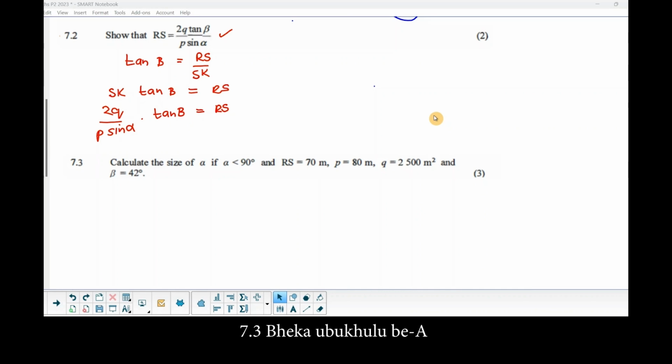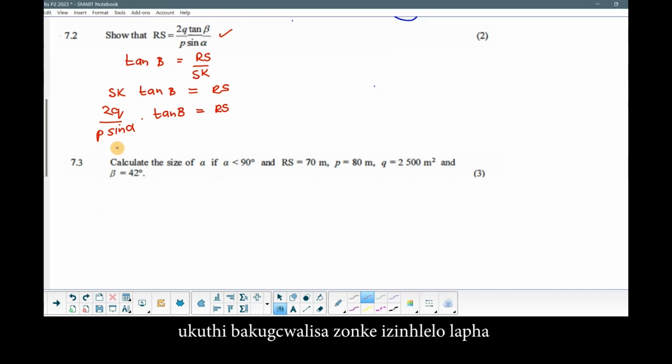7.3, calculate the size of alpha if alpha is less than 90 and RS is 70, P is 80, and Q is 2,500 square meters, and beta is equal to 42 degrees. The beauty of all the information given to you is that they are filling in all the variables here, except for alpha, and you have RS. So let's fill in the information.